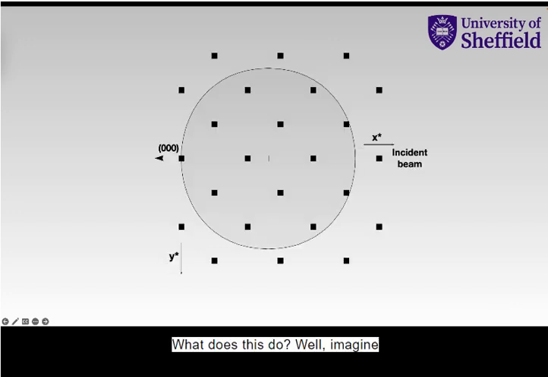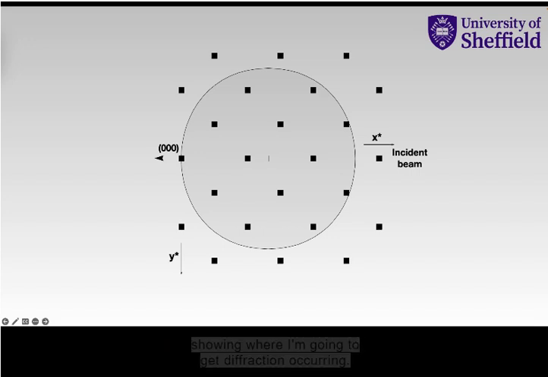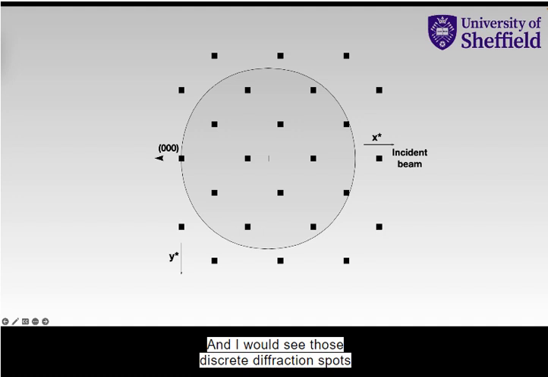So what does this do? Imagine I've got my reciprocal lattice that I'm showing here, showing where I'm going to get diffraction occurring, and I would see those discrete diffraction spots within my diffraction pattern. What would happen if I were to rotate that, and have a second crystal at a slightly different angle?